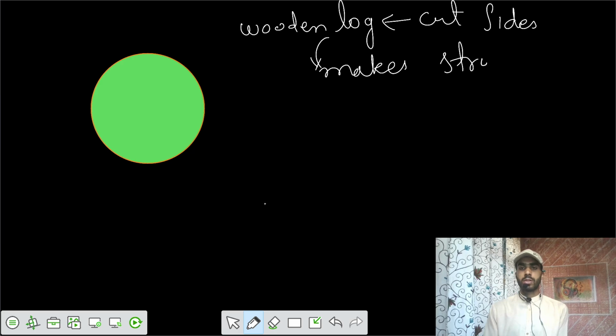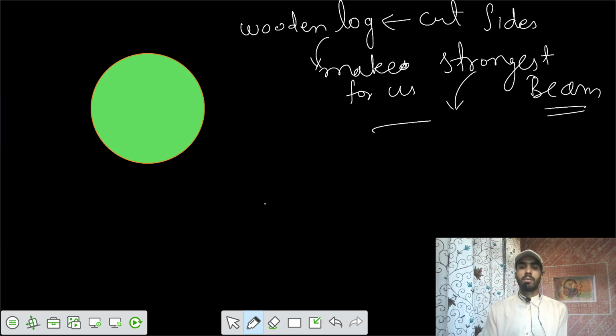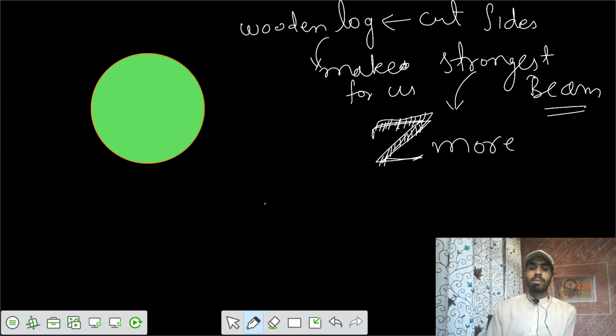Make for us the strongest beam. That means a beam having more bending strength. That means your bending strength is more, so your section modulus should be more. If your section is strong, that means it is stronger in bending. That means your section modulus Z should be more.